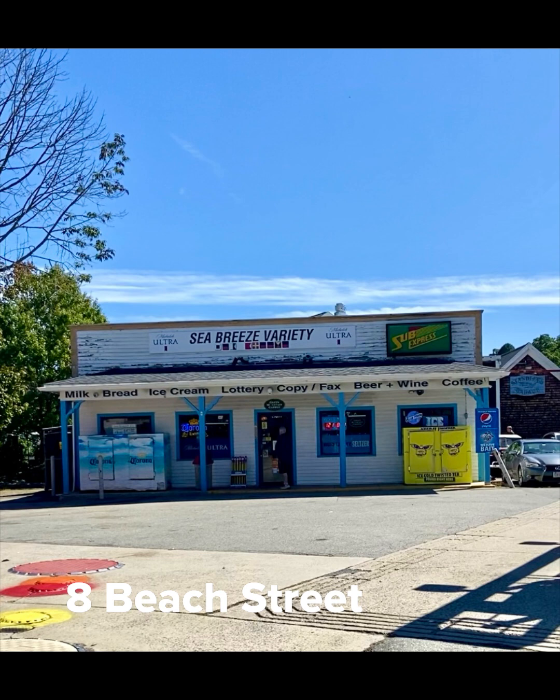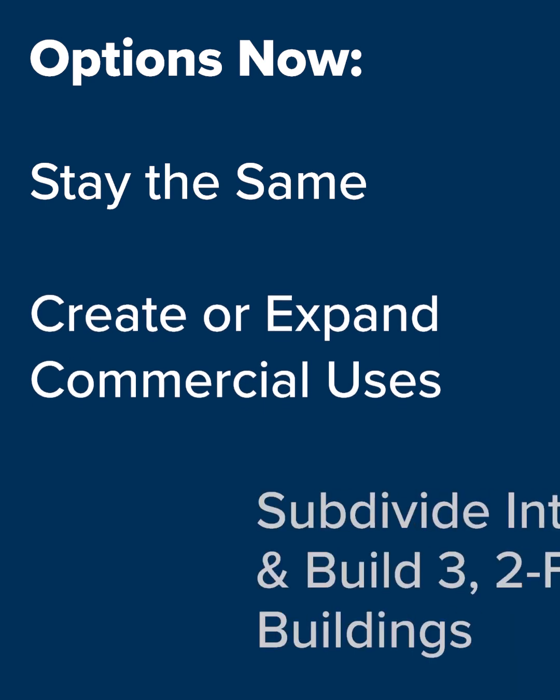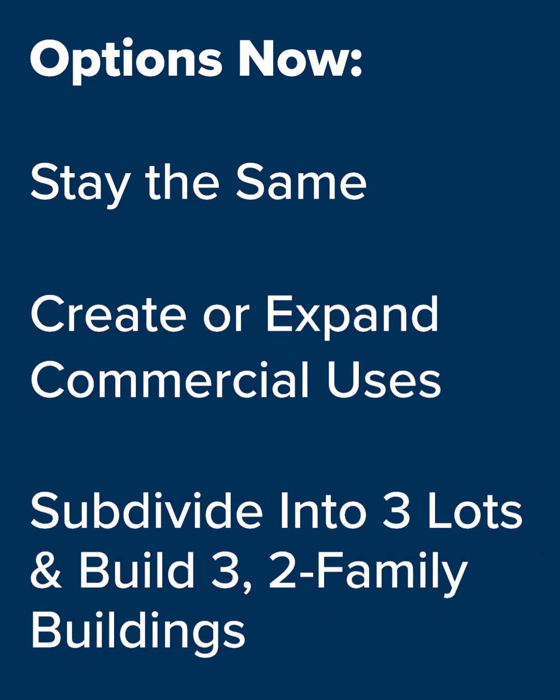In the Beach Street subdistrict, which is in the general district, the options that a property owner has now under our current zoning is to keep the property the same, or to make new or expand the existing commercial uses, or to subdivide the property into 3 lots and build 3 2-family buildings.